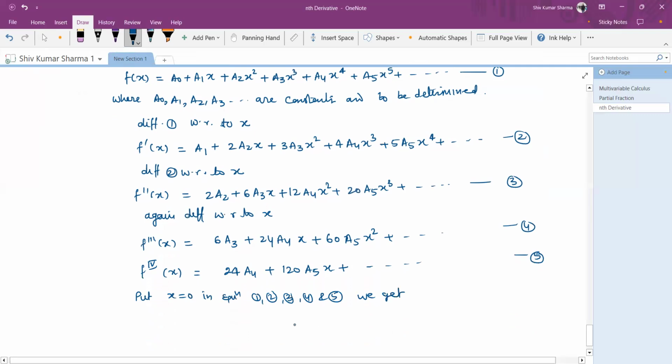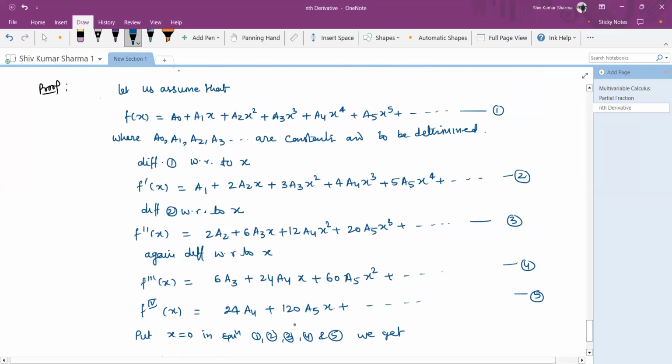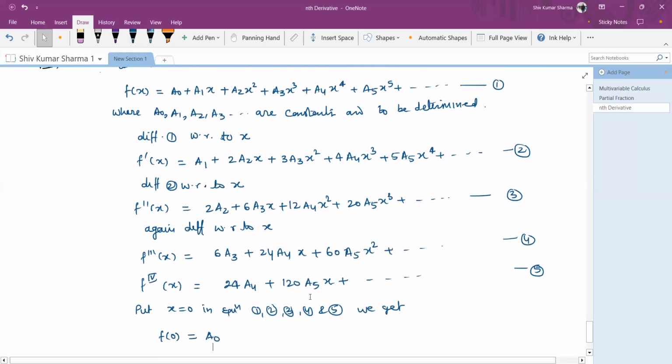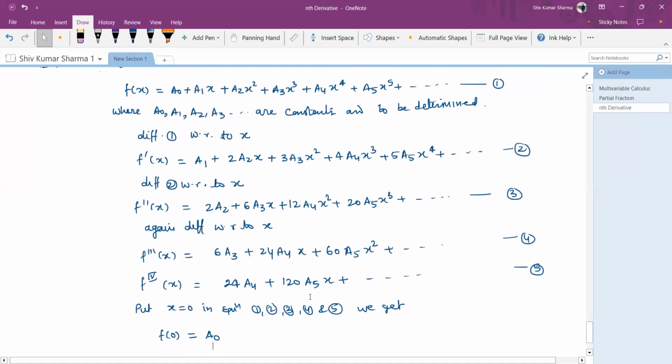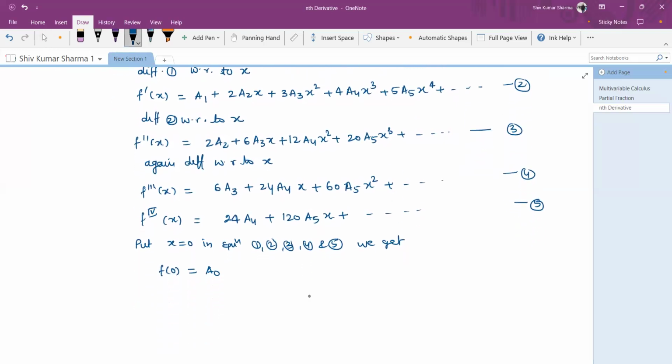When we put x equal to 0 in equation 1, we see that f(0) is equal to a0, because other than a0, each term has x square, x cube, so the other terms will be 0. So f(0) is equal to a0 from equation number 1. From equation number 2, f'(0) equals a1.